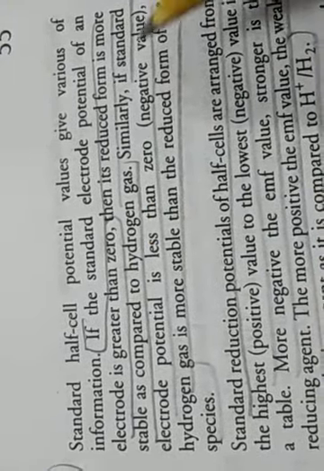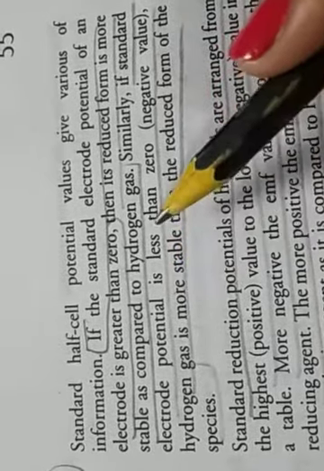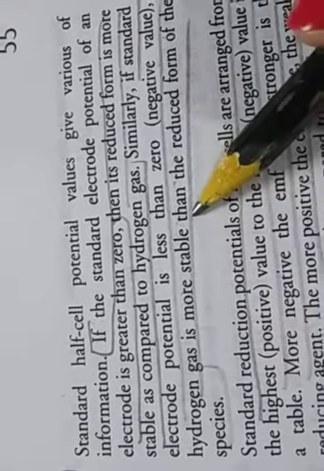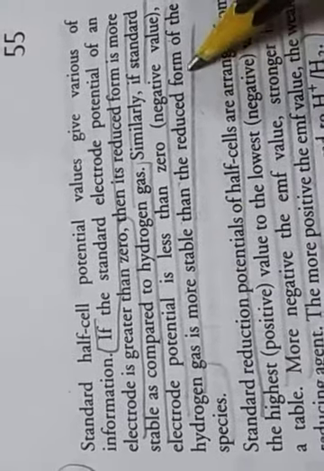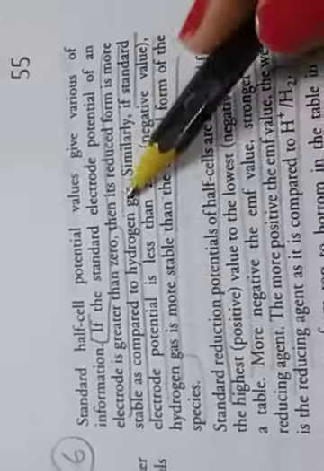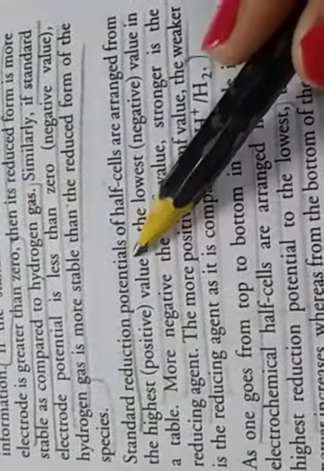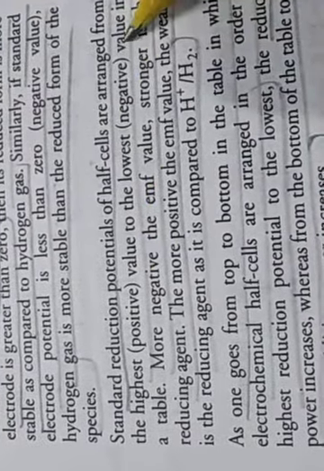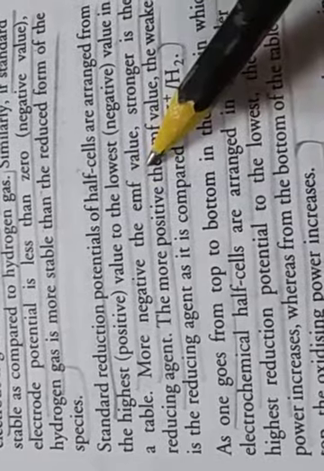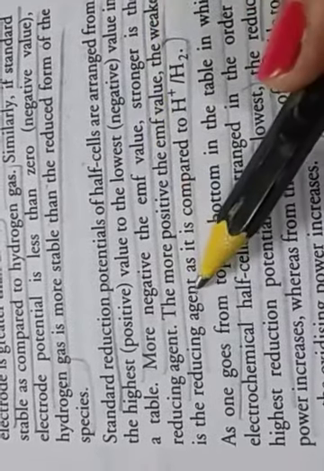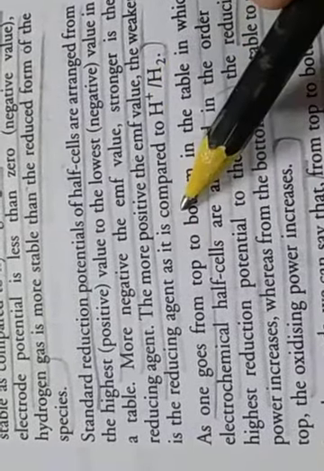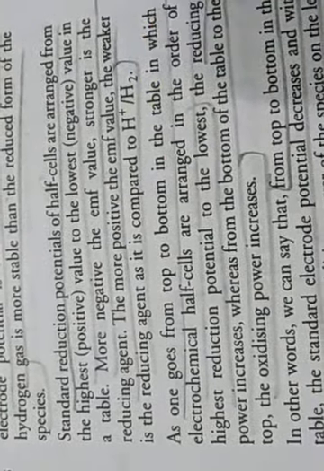And if the standard electrode potential value is less than 0, a negative value, then hydrogen gas is more stable compared to the reduced form of the species. Standard reduction potentials of half cells are arranged from the highest positive value to the lowest negative value in a table. The more negative the EMF value, the stronger the reducing agent, and the more positive the EMF value, the weaker the reducing agent compared to H plus to H2.